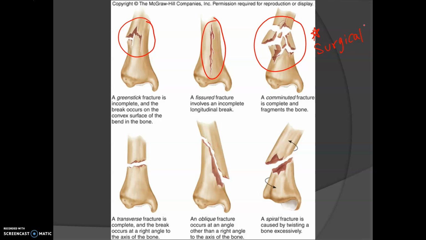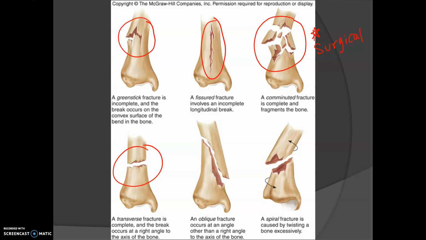Okay. If we take a look at a transverse fracture, this is a pretty clean bone break across the bone lengthwise. So this transverse fracture occurs at this axis of the bone. And this is probably, again, depending on the severity and the density of the bone that is broken like this, it might require surgery as well.